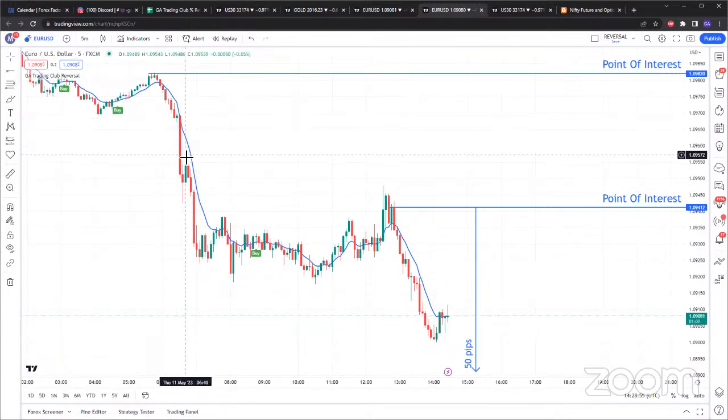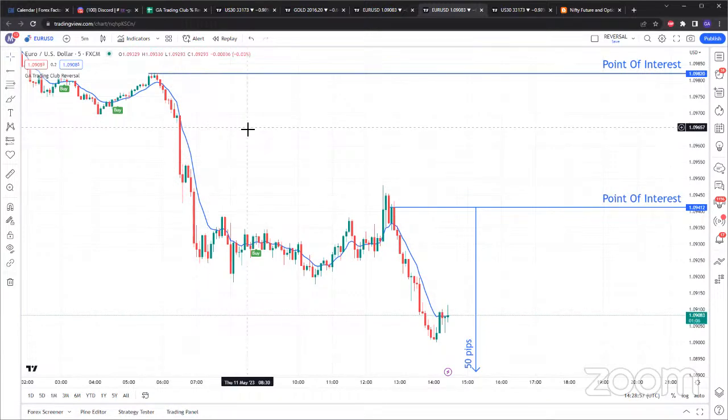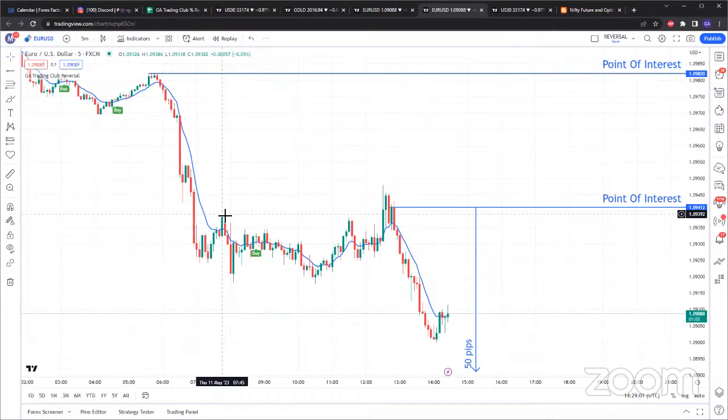So if you subtracted 15 pips from 60 pips, that's 45 pips. So if you subtracted these two candles from this whole trend, the threshold would be 45 pips, which is 5 pips below your threshold.